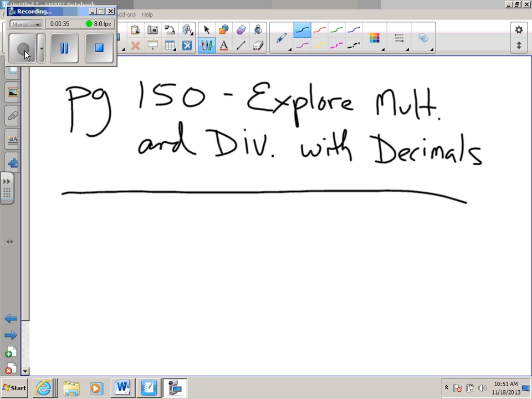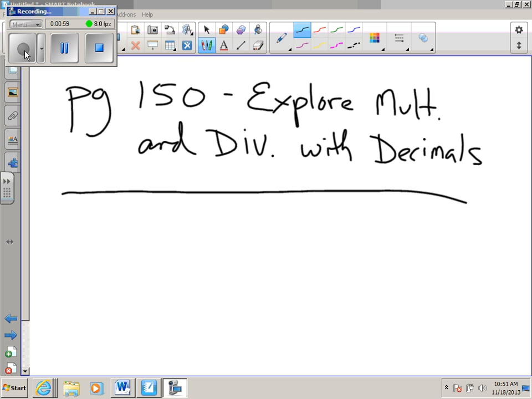The natural progression now is to move into decimals. Fractions and decimals can have the same meaning. It's usually a portion of one whole. Any fraction can be written as a decimal, just like any decimal can be written as a fraction.